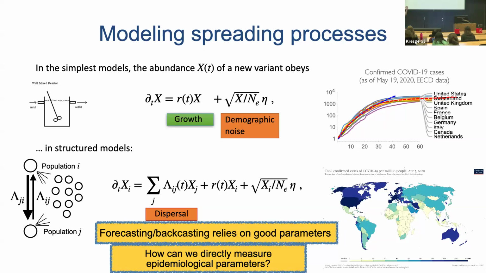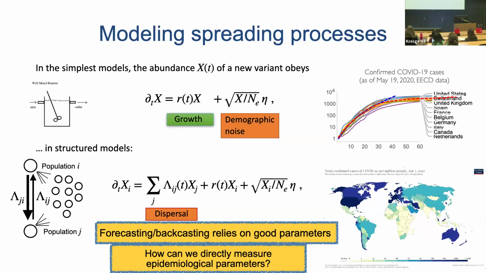But that's not everything that matters here, because clearly the way cases are imported from one region to another, well, you certainly need to have mobility, but it also depends on the behavior of the people, on the infection levels, right? It's a compound parameter that's very, very hard to estimate.